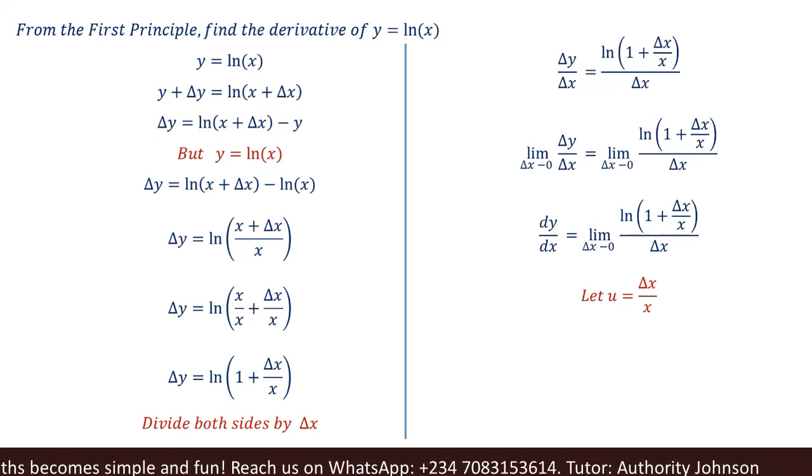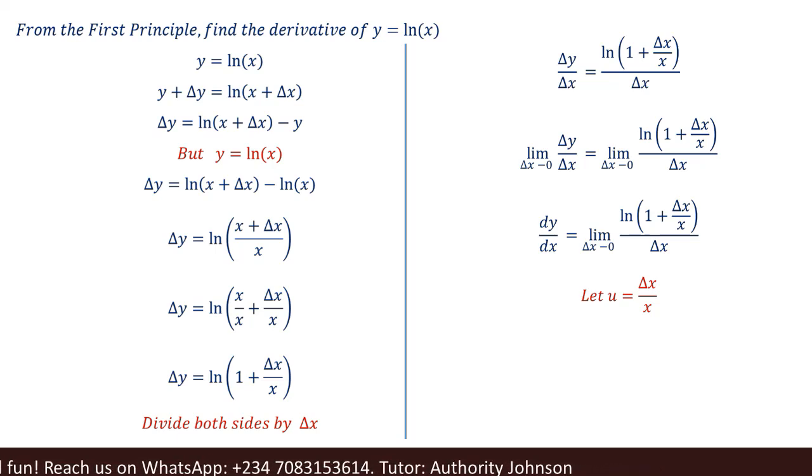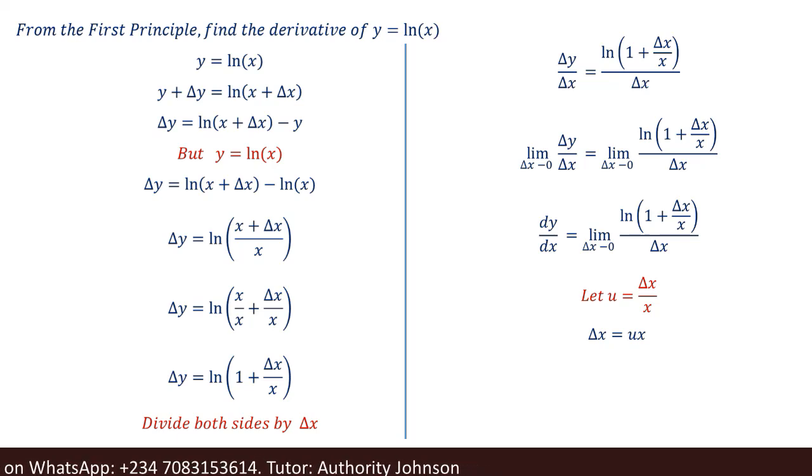Good. Now, pay attention. Here we have u is equal to change in x all over x, right? Good. If you cross multiply here, what are you going to have? You are going to have that change in x is equal to ux. Because here now, we are making a substitution, and this substitution is doing away with change in x.